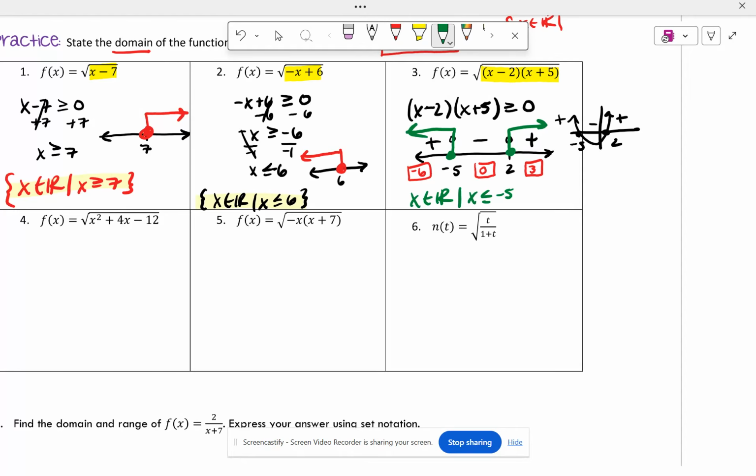If I take negative 1, I get a positive 1 times a positive number, which gives a positive. I plug in 2 and get a negative times a positive, which gives a negative over here. I want where this is greater than or equal to 0, so I would have a sandwich between negative 7 and 0.